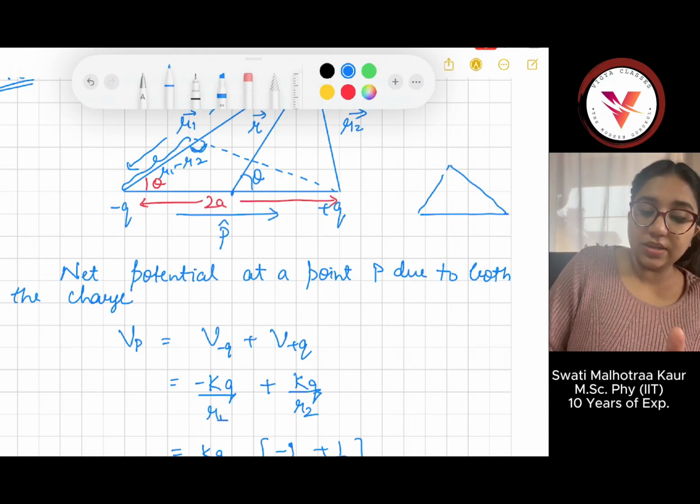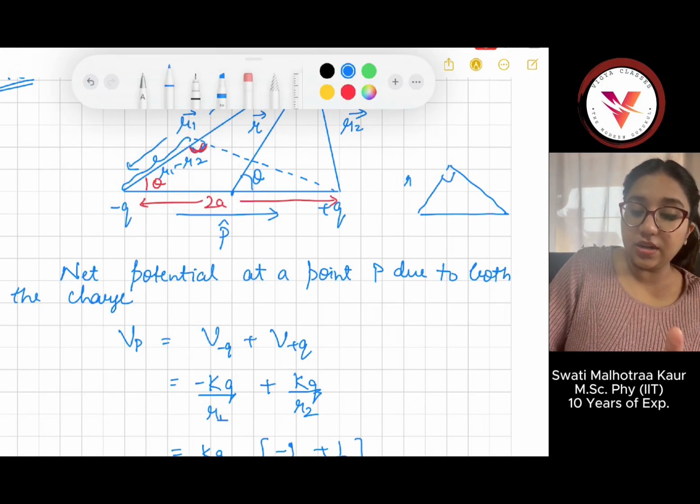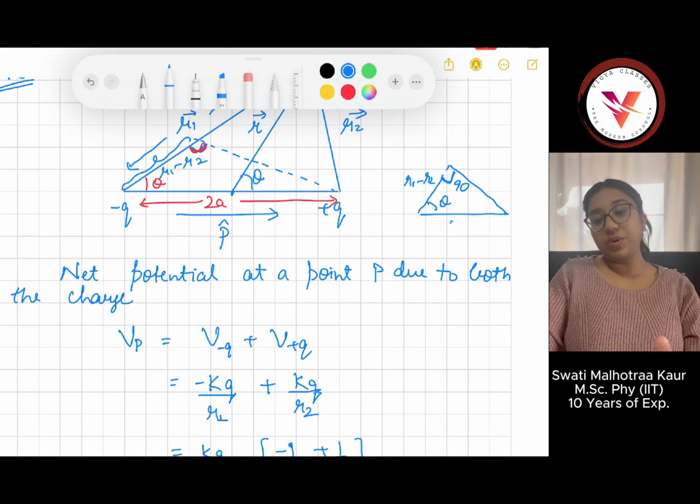This angle is theta. Now if this is theta, this is r1 minus r2, sorry, this is 90 degrees, this is theta, and this would be 2a.